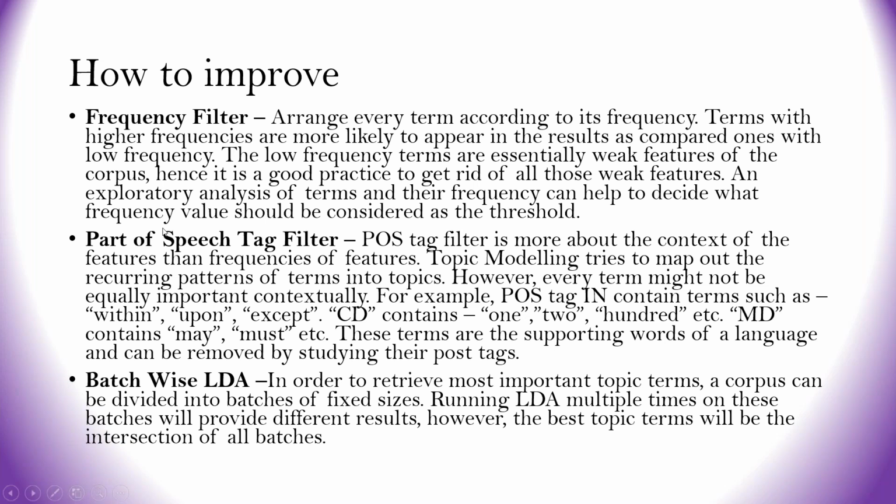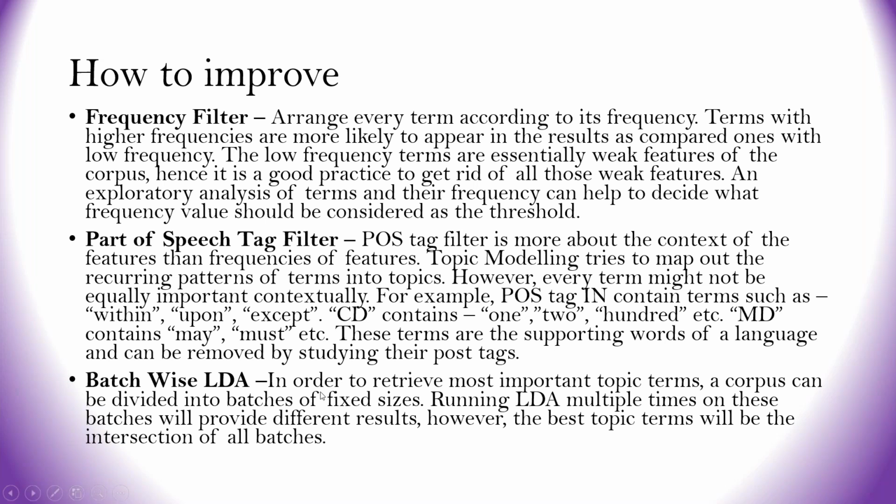Then the tokens will be assigned POS tags like NN, NP, IN, CD, all these. You can eliminate the tags you do not contextually feel are very important for document summarization. You can eliminate them from the document or the corpus, then apply the corpus to the LDA model further.